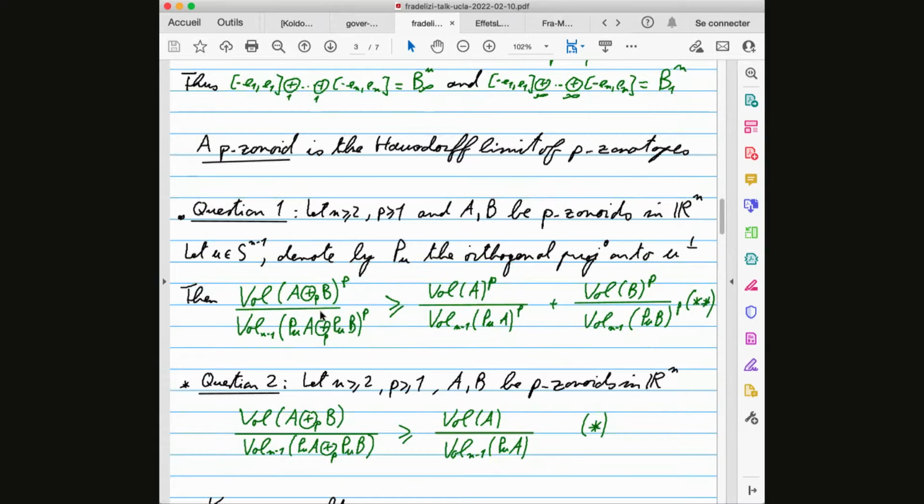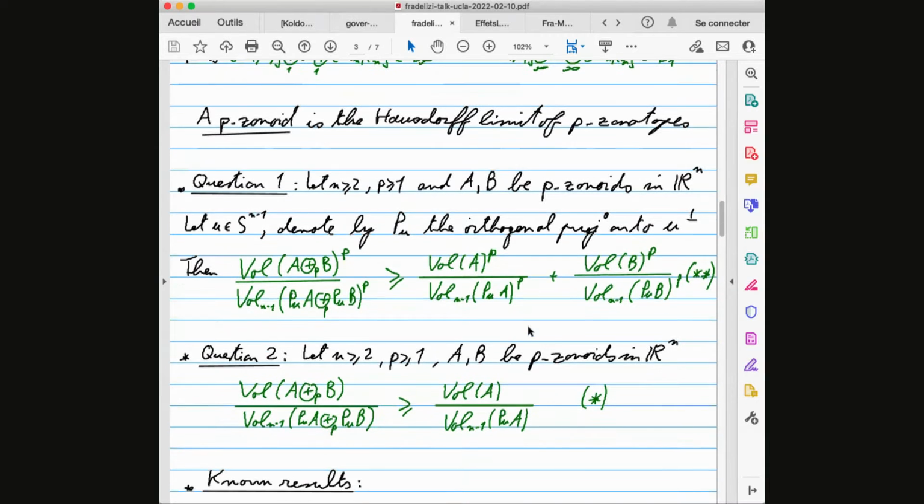This inequality says that the volume of the p-sum of A and B, recall that A and B are p-zonoids, to the power p, divided by the (n-1)-volume of the p-sum of the projections, to the power p again, is larger than the volume of A to the power p divided by the volume of the projection of A to the power p, plus the same with B. Okay, so this inequality I call 2 star.